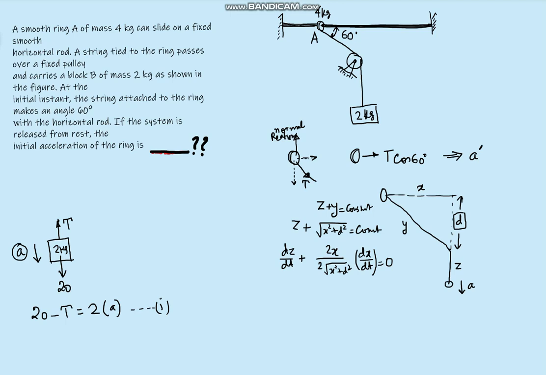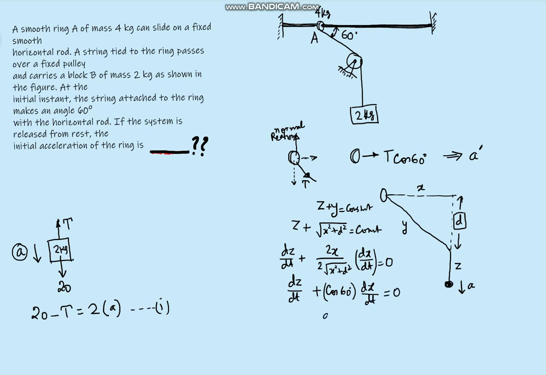Then dz by dt is basically the speed of this particular 2 kg which is hanging, moving down, plus this 2 gets cancelled, and this x by root over x square plus d square is cos 60 at that moment, means cos theta, and then it is equal to dx by dt is equal to 0.